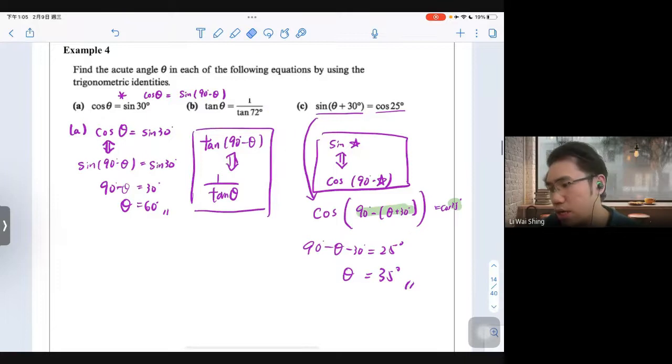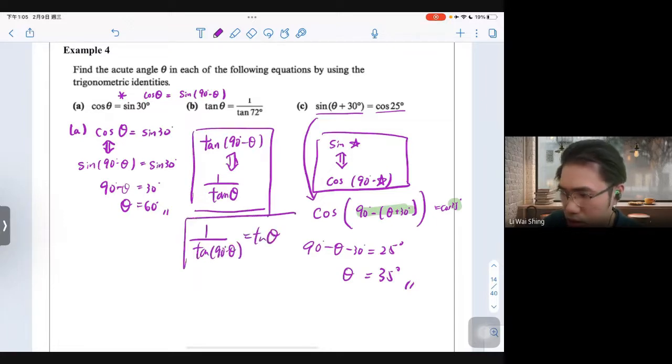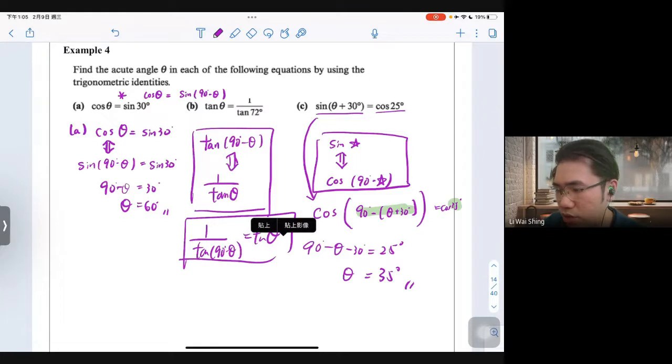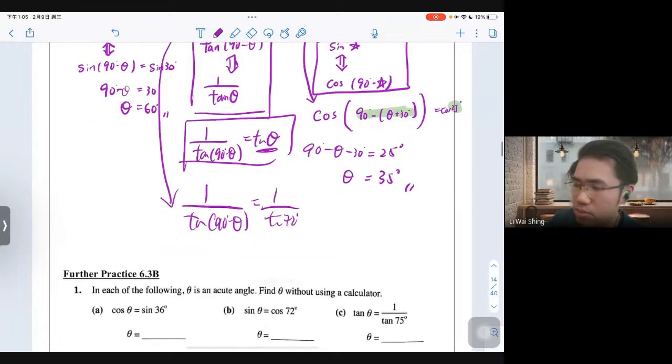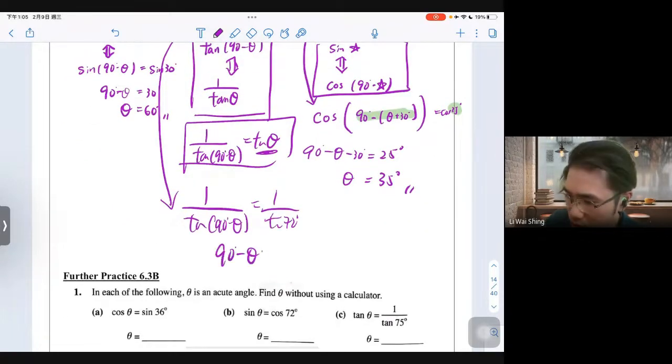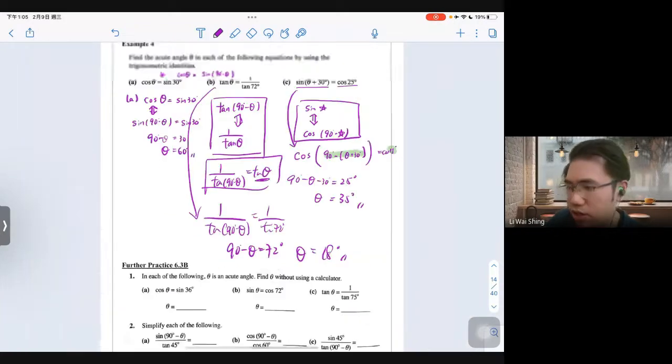Or we can change the things a little bit. So you have this result. 1 over tangent 90 degree minus theta equals tangent theta. Tangent theta equals to 1 over tangent 90 degree minus theta. 1 over tangent 90 degree minus theta equals 1 over tangent 72 degree. So theta equals to 18 degrees. Finished.